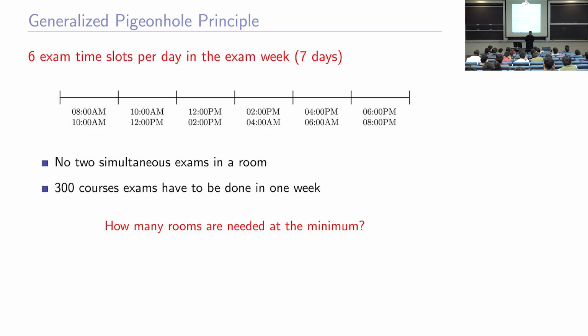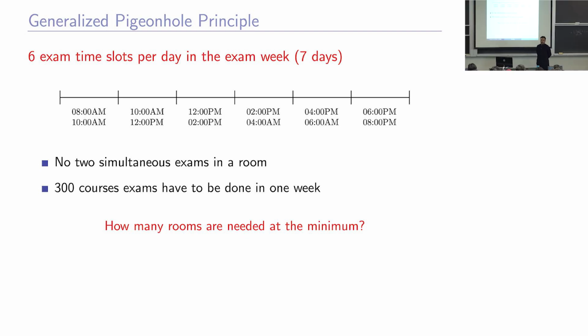How many total slots do I have? 42, right? The pigeonhole principle tells me that if I place 300 exams in 42 slots, in some slot there must be at least the ceiling of 300 divided by 42 exams, right?